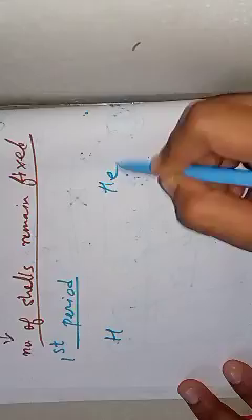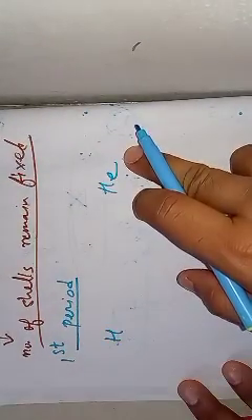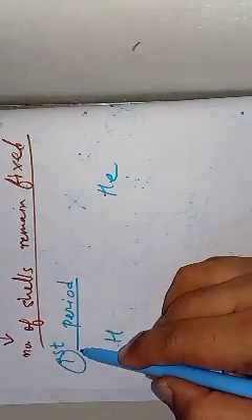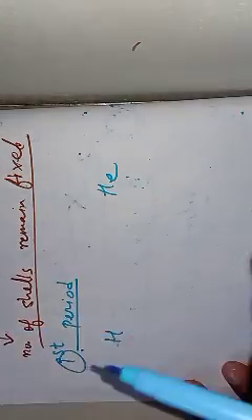As you have seen just now, the first period elements are hydrogen and helium, isn't it? I said that first period means all of the elements belonging to the period will have the same number of shells assigned to that period. In simple words, first period means the elements will have only one shell.